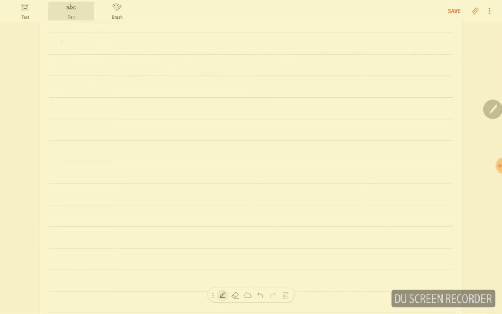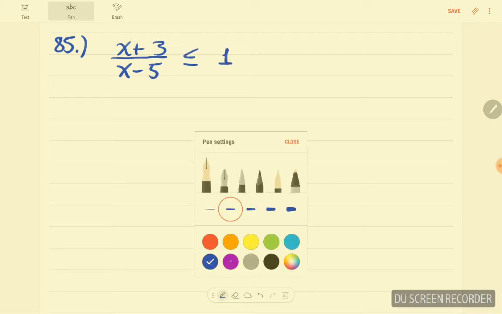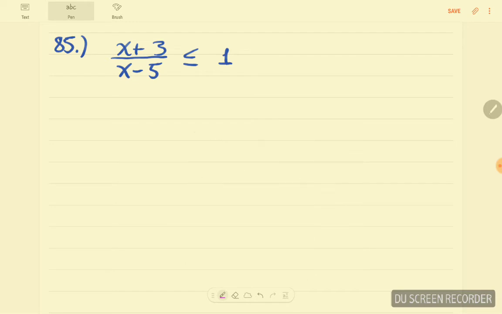Let me do 70, let's do 85. So this one is much more tricky. Okay, so what I might want to do here is just multiply both sides by the LCD.